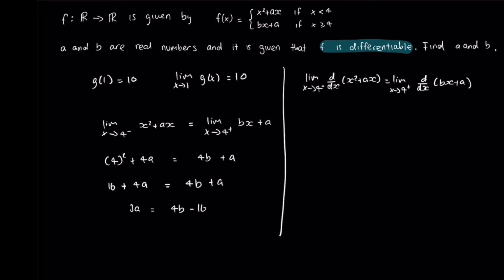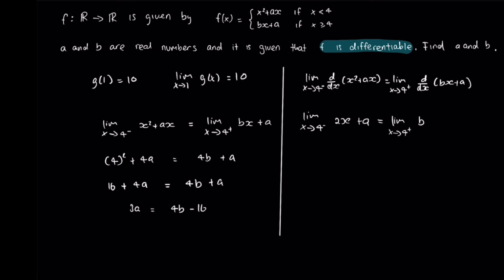Now, if we differentiate, we get the limit of x approaching 4 of 2x plus a, and this is equal to the limit of x approaching 4 of b.